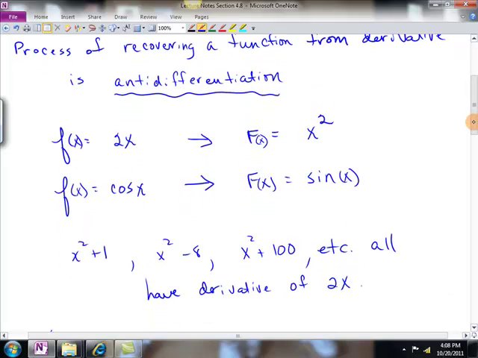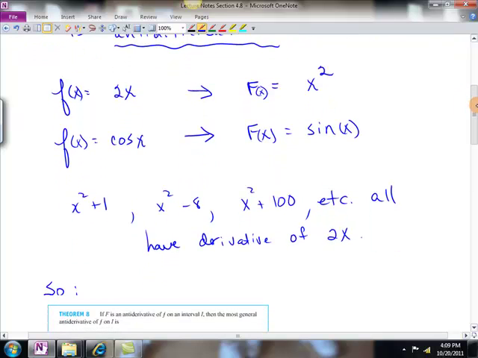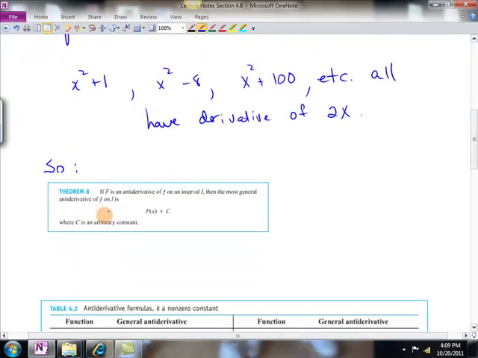But now, let's think about this. x squared plus 1, x squared minus 8, x squared plus 100, etc. all have a derivative of 2x, right? Because when you take the derivative of a constant, that goes to 0. So we are going to write things in the most general way.